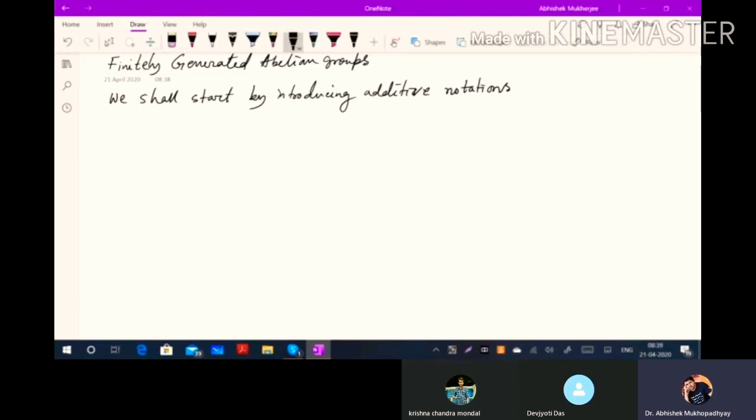Additive notation in an abelian group G is as follows.